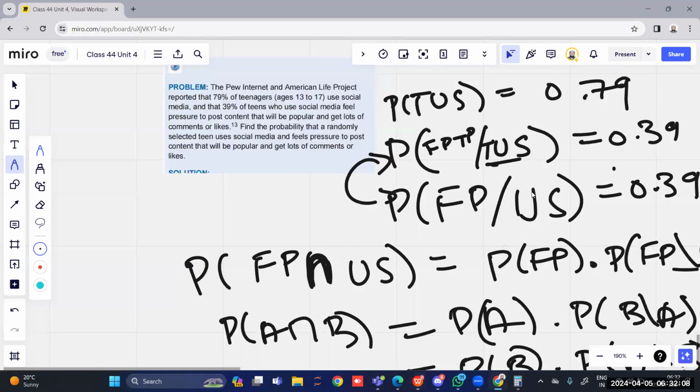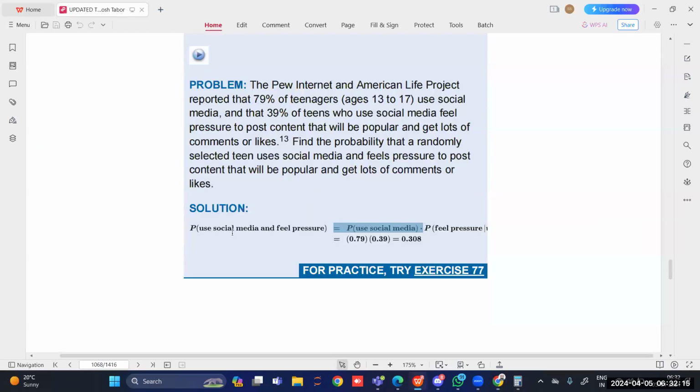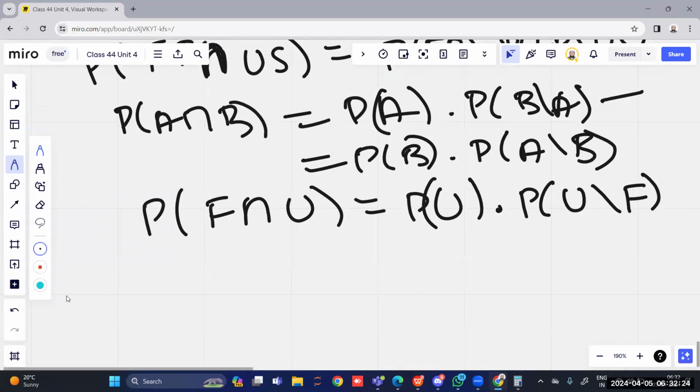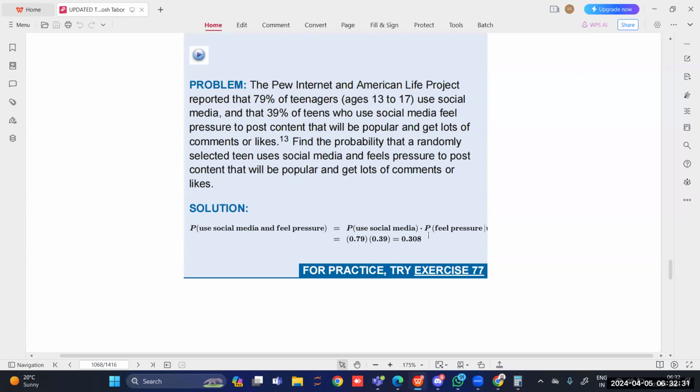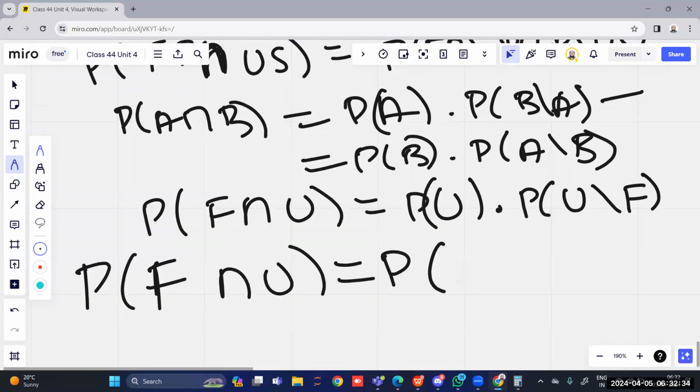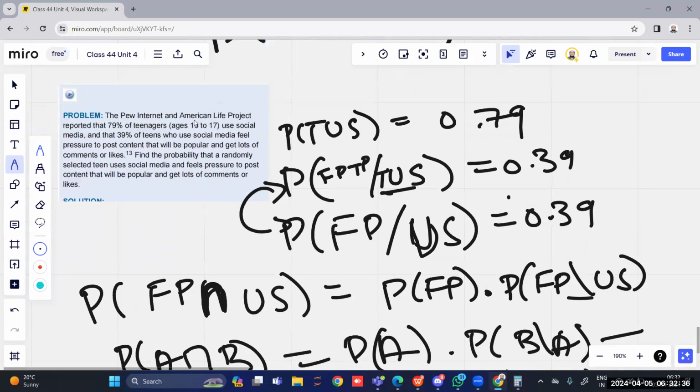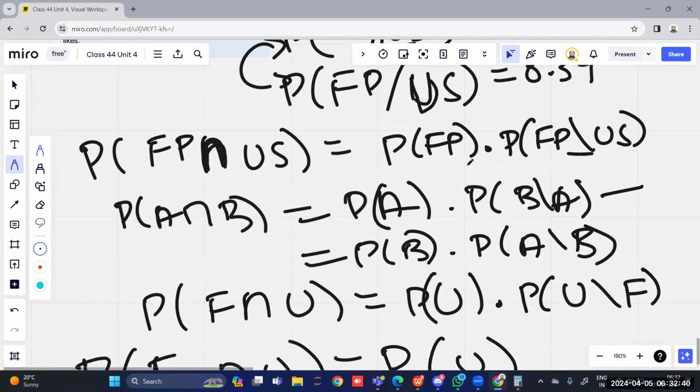So he has taken F intersection U, the probability of use social media. Has he given the probability of using social media? Yes, it is. The first one was correct then.